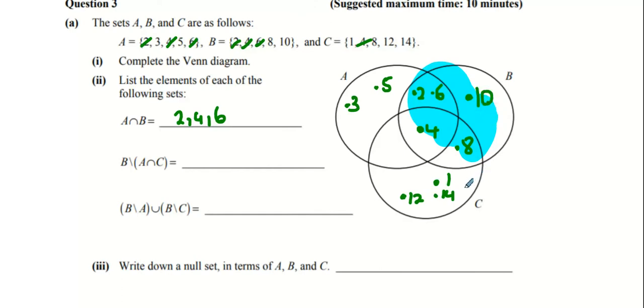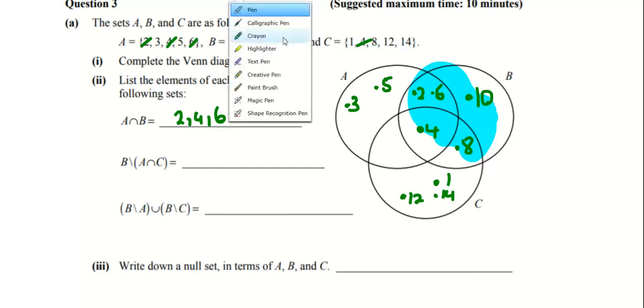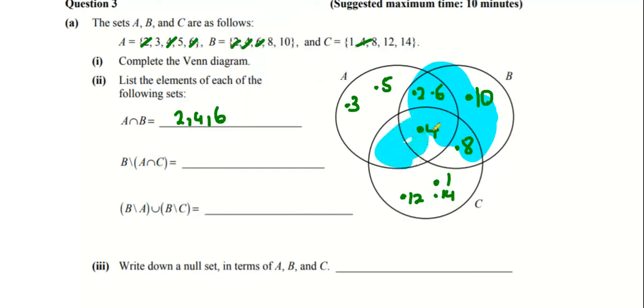But you're not allowed to be in A intersection C. So you're not allowed to be in this region here. So we've got to leave out the number 4. So it's just going to be 2, 6, 8, and 10.